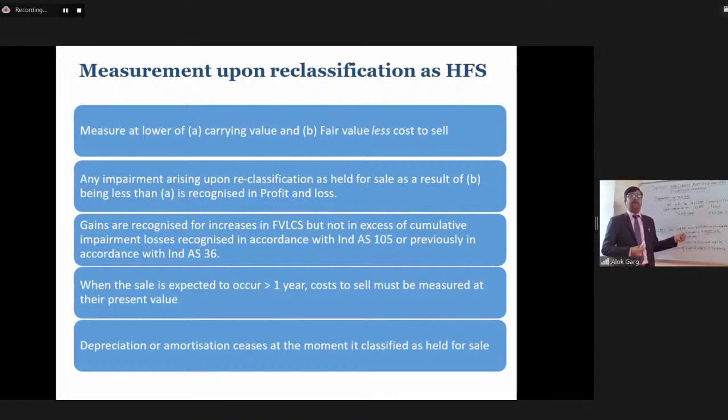In my example, from 1st July 2019, the depreciation or amortization on such an asset is not going to be charged. Why? Because the intent is to receive the future economic benefit through sale, not through use. And what is depreciation? Depreciation is a consumption pattern of the asset. The intent of the entity or management is not to consume the asset, only to sell the asset, and hence depreciation and amortization should not be charged on it.